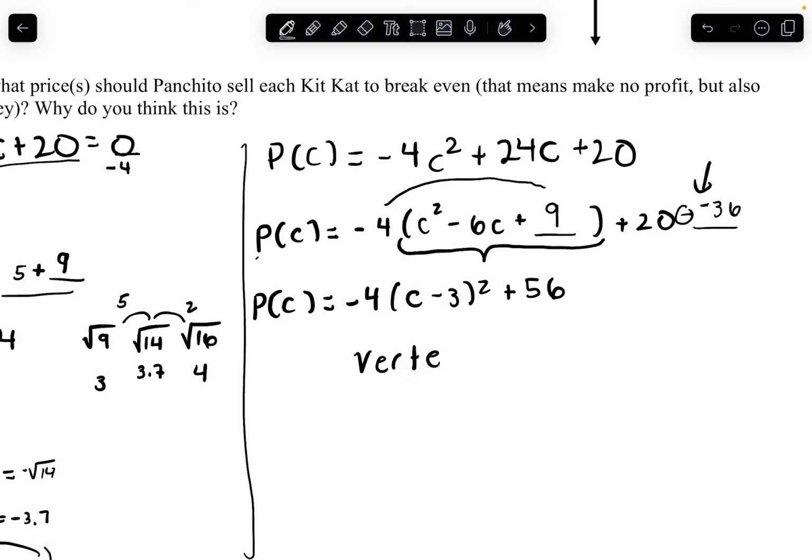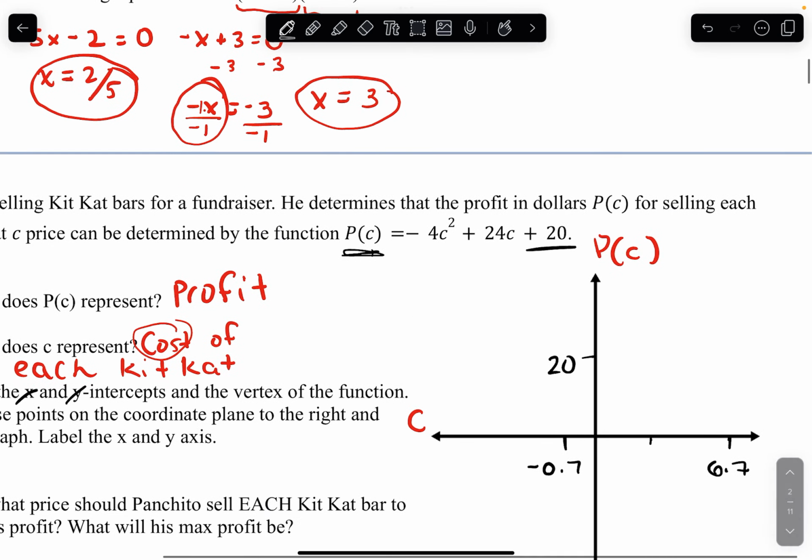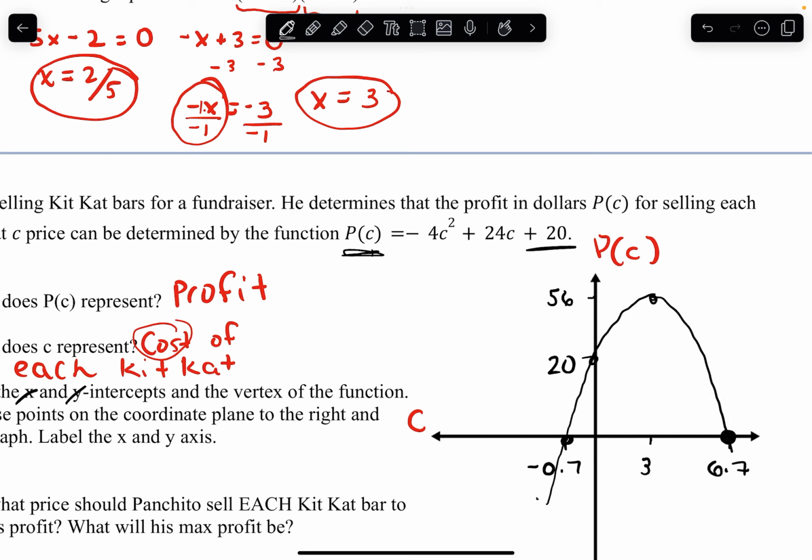So my vertex is at 3, 56. 3 is about there. And I'm just going to connect my points. Perfect.